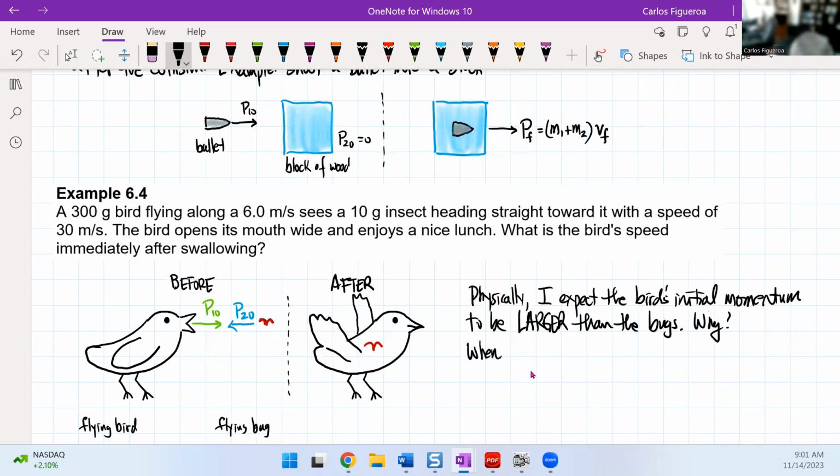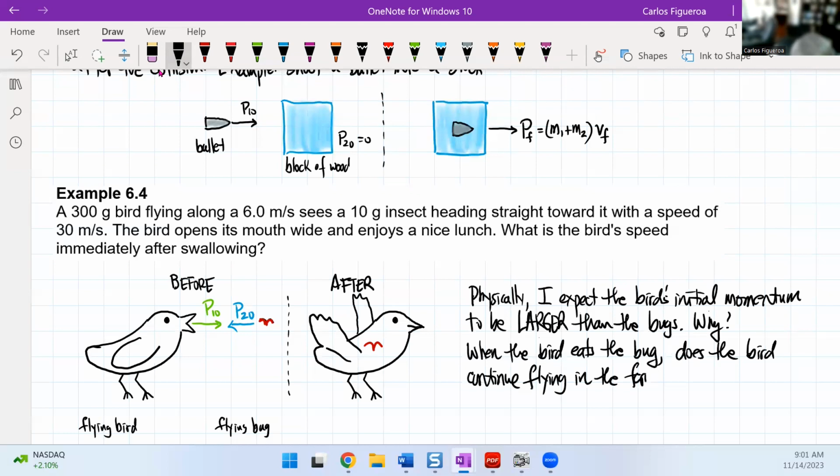When the bird eats the bug, does the bird continue flying in the forward direction?